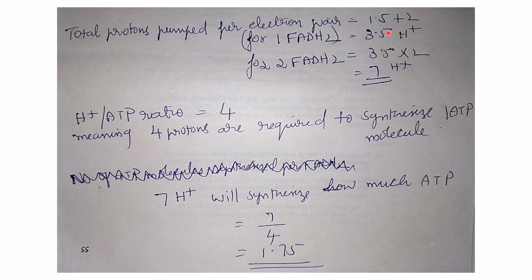So complex 3 it is 1.5 and for complex 4 it is 2. So it is 3.5 H plus. Now during this glycerophosphate shuttle, 2 FADH2 are generated. So 3.5 into 2, that is 7 H plus. The H plus to ATP ratio they have given is 4. That means 4 protons are required to synthesize 1 ATP molecule. So 7 H plus will synthesize how much ATP? That is 7 by 4, that is 1.75.